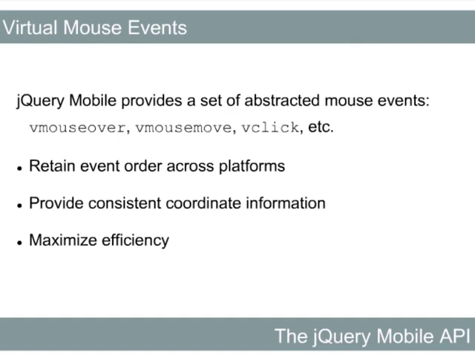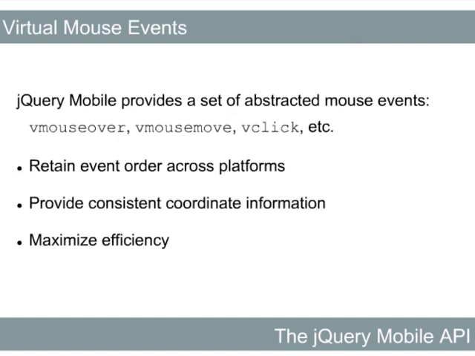As I mentioned, jQuery Mobile also has a set of abstracted virtual mouse events. These are convenience events that help fix some of the problems that you might encounter with platform dependencies and even version dependencies within platforms.